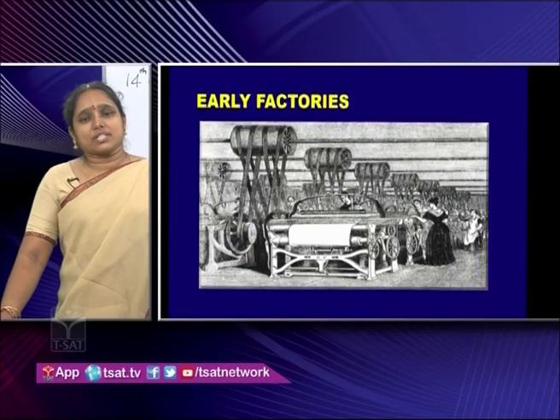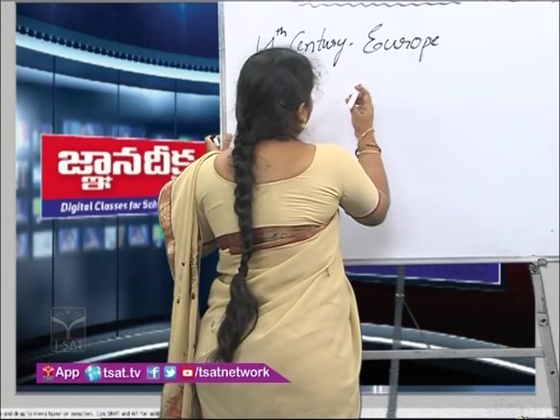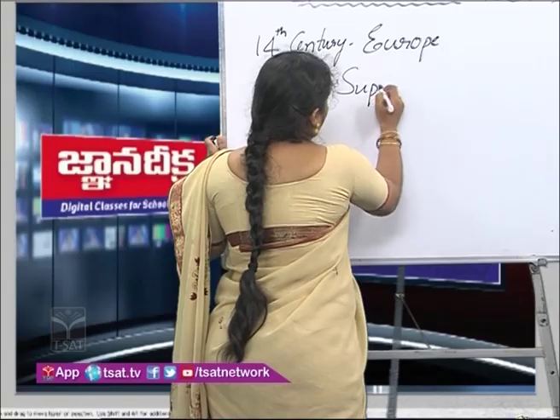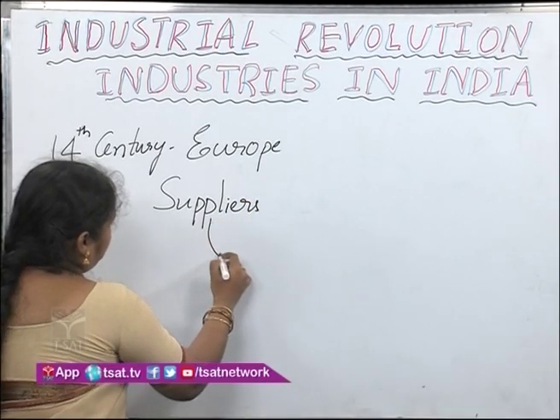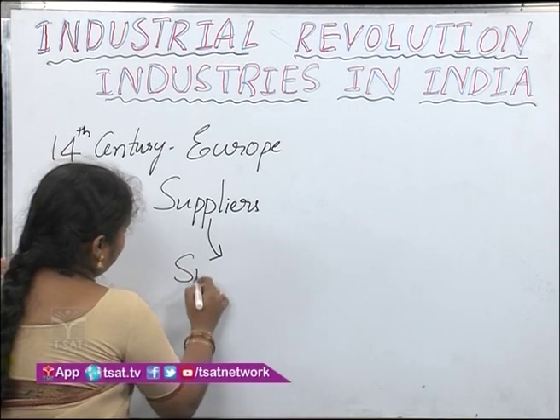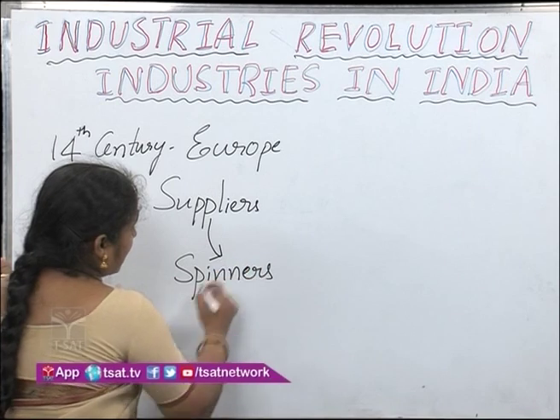Around the 14th century, the traders used to go to different places, to different people, to get the cloth manufactured. For example, they took cotton from suppliers. From them, they used to go to spinners for getting the yarn spun.